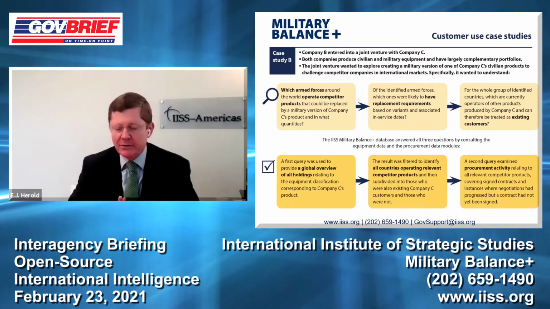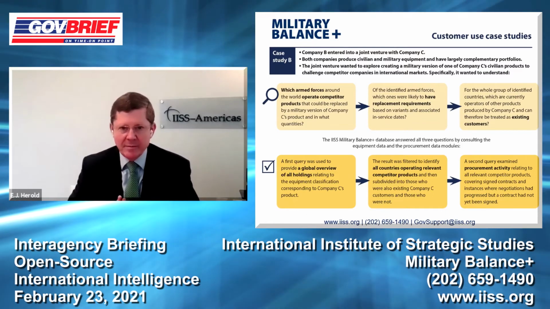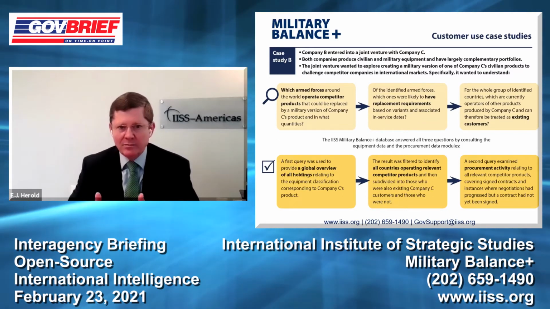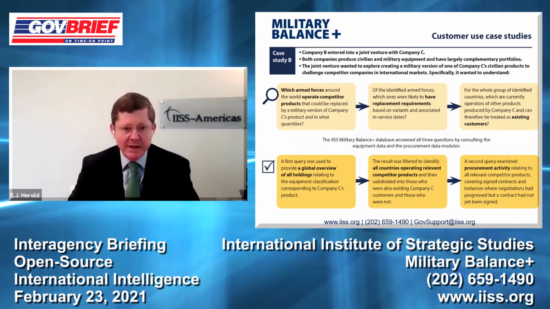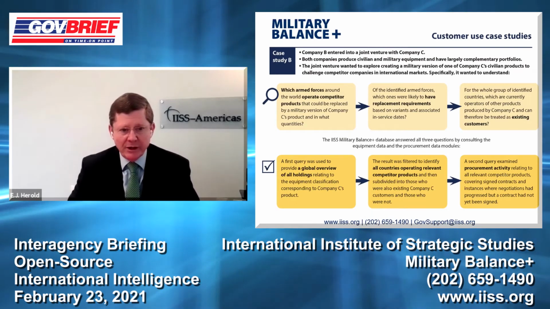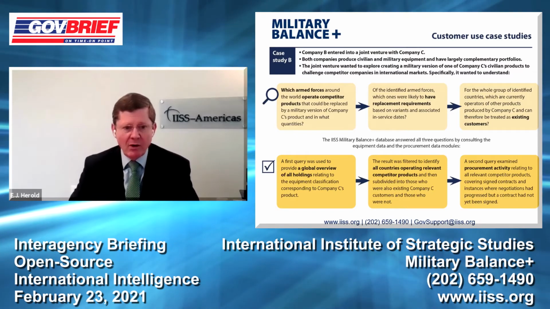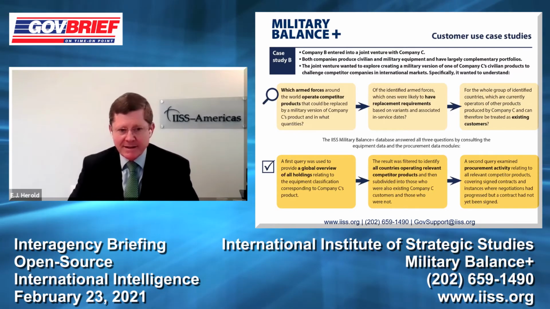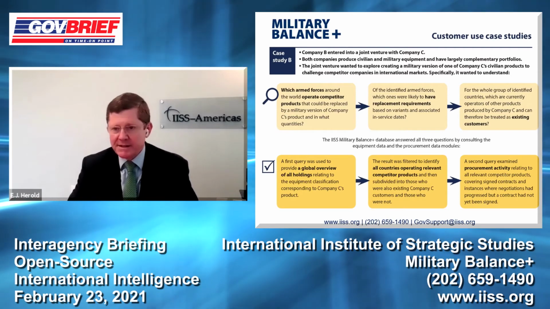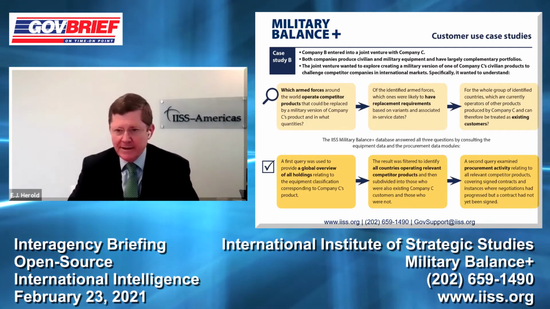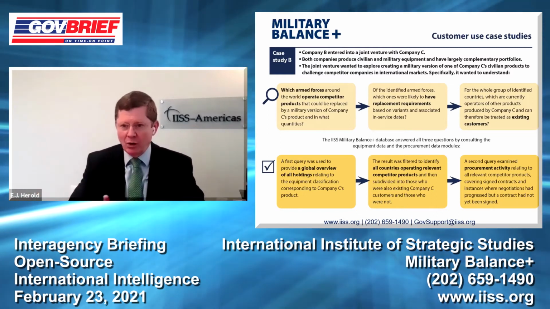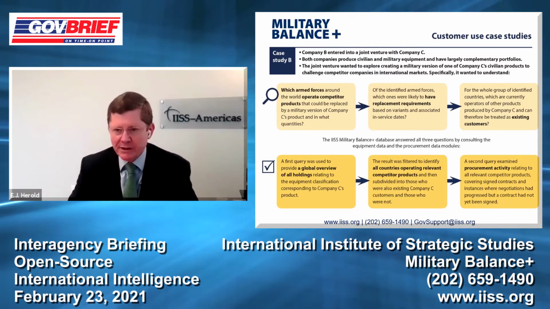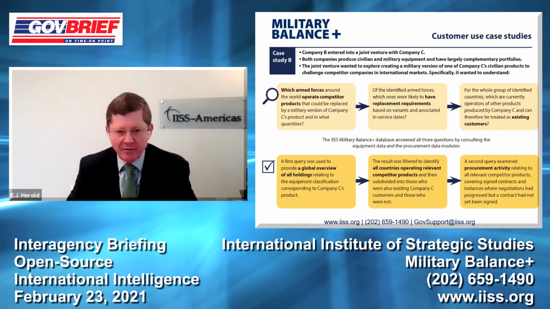And they wanted to know what the competitive environment was and how much of a real opportunity there was for them. So we started off with a first query looking at the global overview of all holdings related to the type of equipment that Company C's product represented. So you find out how many widgets there are in the world that are being used in today's armed forces.